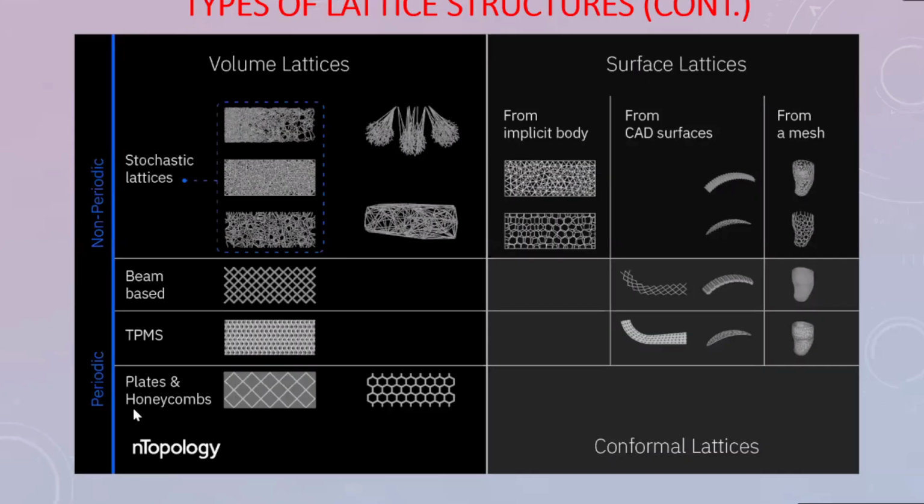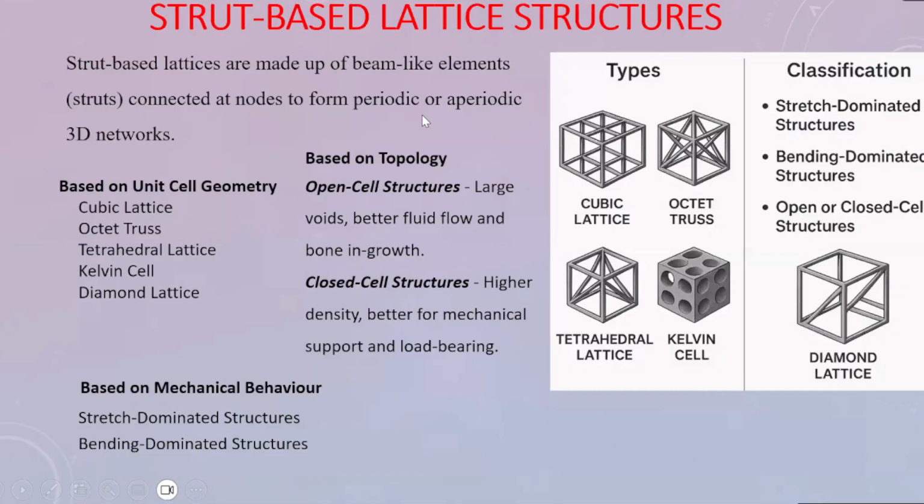Yeah, and you can have this kind of plates or honeycomb lattice structures which mimic the shape of honeycomb structures. And here you can see this strut-based lattice structure. These struts are repeated along X, Y, and Z axes. And there are also other lattice structures like the tetrahedral lattice structure and Kelvin cell.